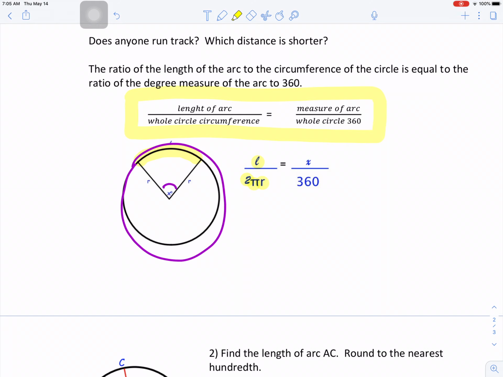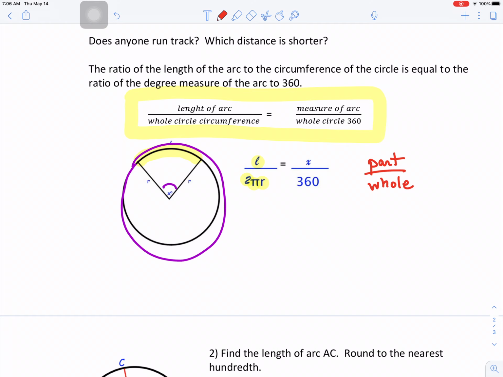So part of the circle is to whole, as however big the angle is that made that arc is to the whole circle, 360. So you're really doing a relationship of part over whole. And this is why I don't do a formula.